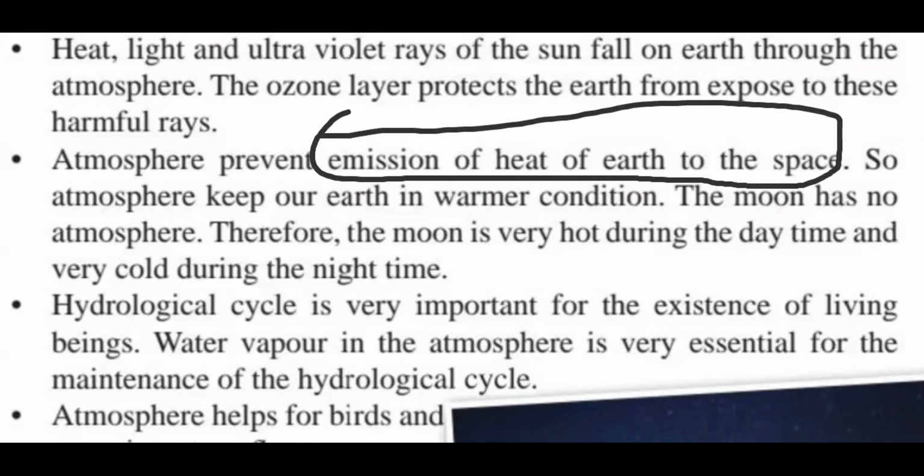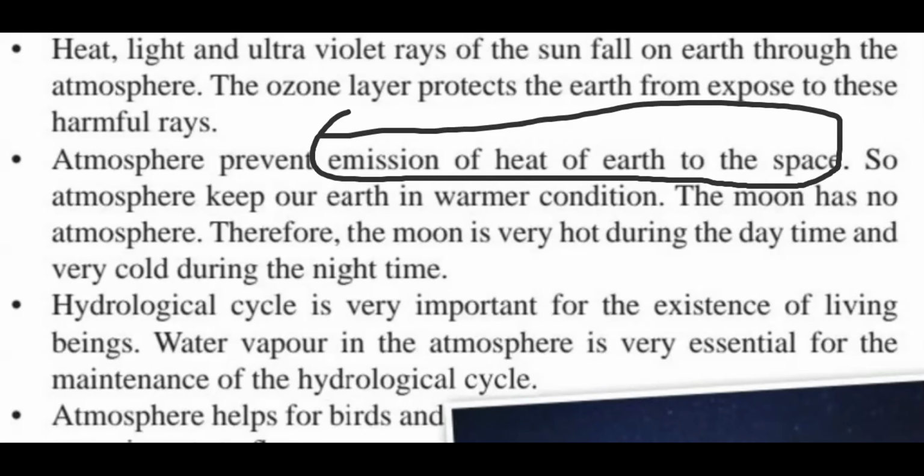So the atmosphere keeps our Earth in a warmer condition. The Moon has no atmosphere. The Moon is very hot during the daytime and very cold during the night time. So this atmosphere is preventing the heat of the Earth from reaching the space. That is one point.